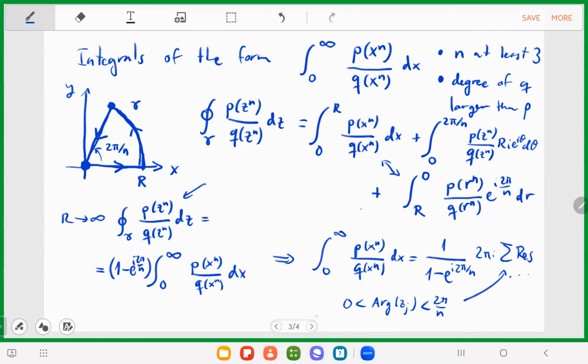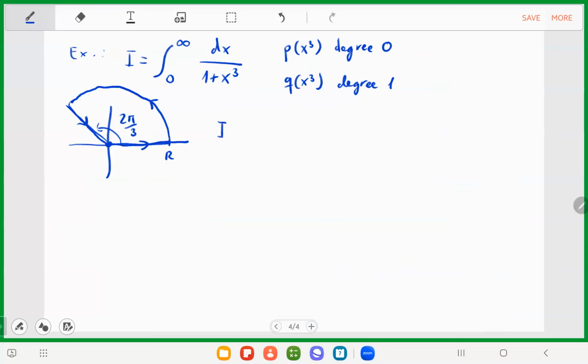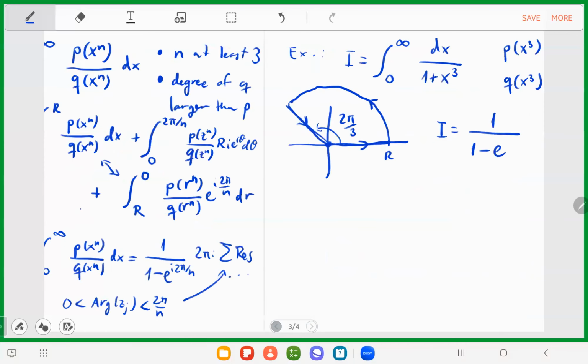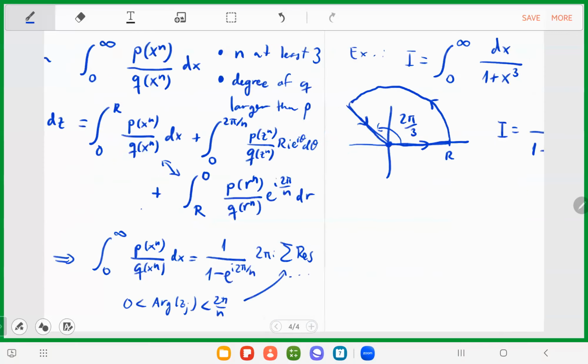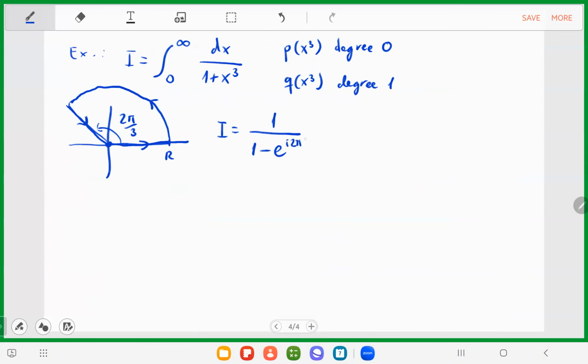So the integral that we want to calculate will be 1 divided by 1 minus the exponential of i 2 pi over 3, and then the sum over the singularities.